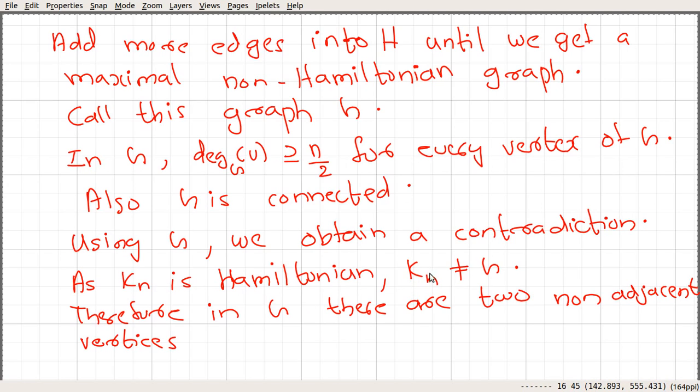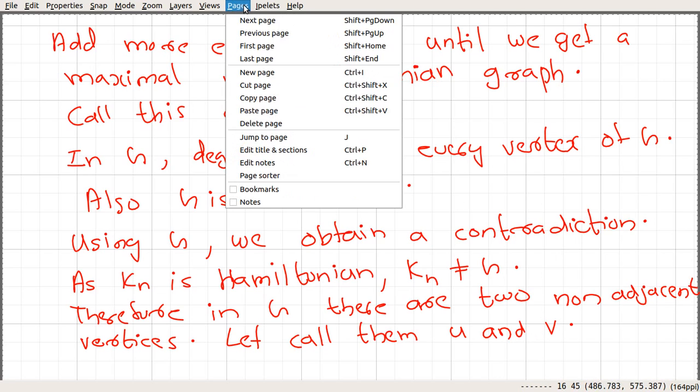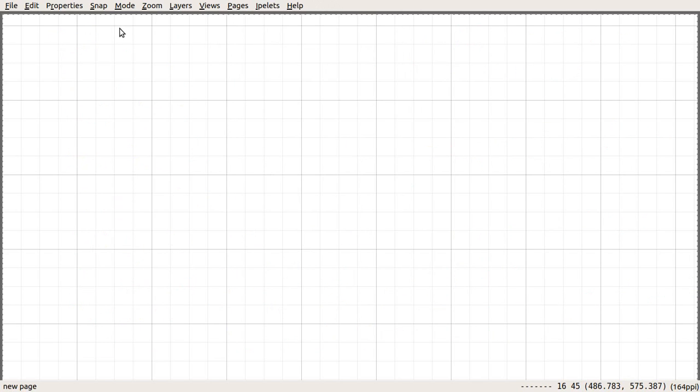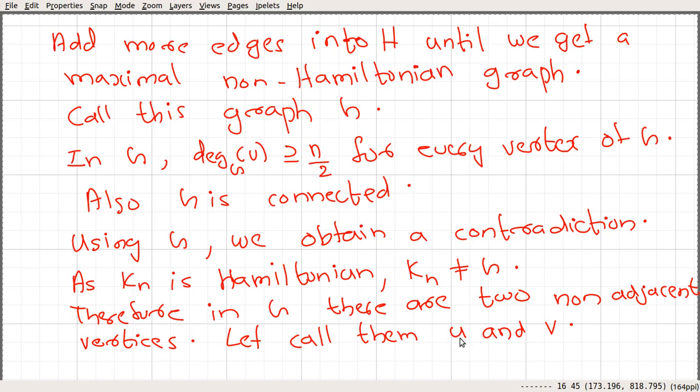Since G is not equal to K_n, there are two non-adjacent vertices, and let's call those vertices U and V. Next we are going to take that graph G, the maximal non-Hamiltonian graph, and add this edge UV.